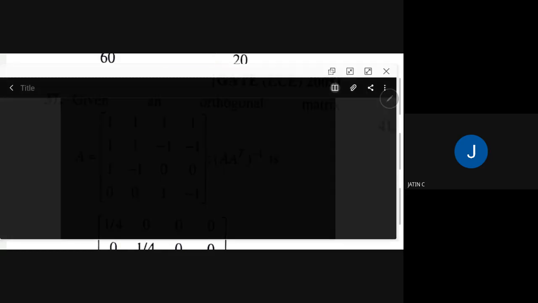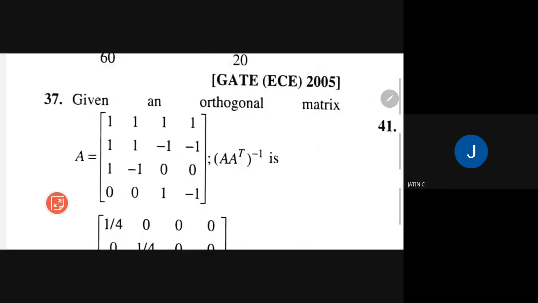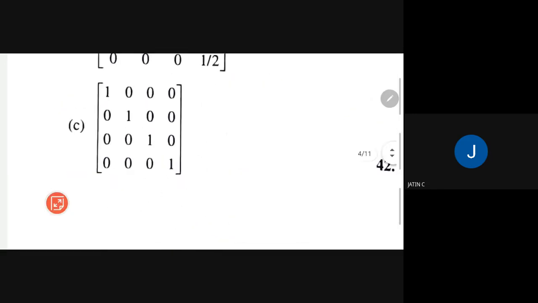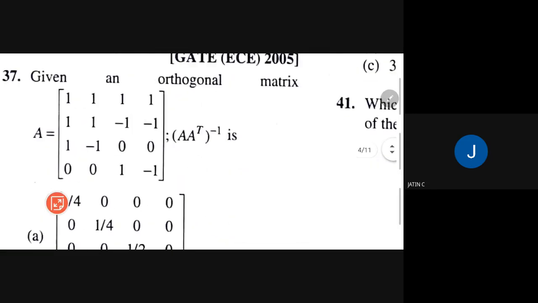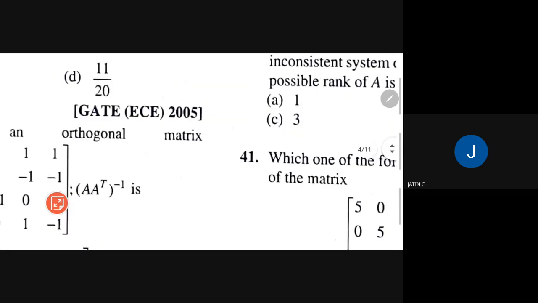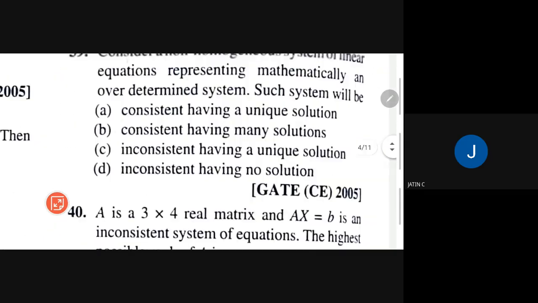Anyway, if A is orthogonal, then A into A transpose is identity, identity inverse is I. The error is that there is some mistake in the second column. So 37 is a very good question. You don't require any computation. A transpose is identity, identity inverse is identity.